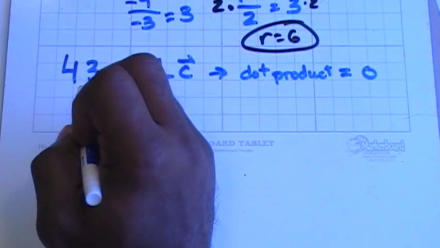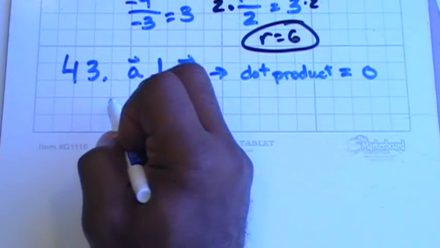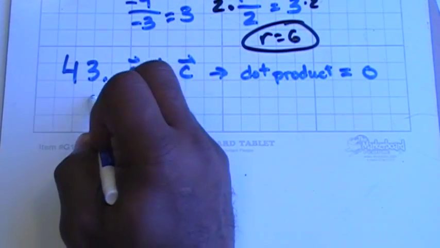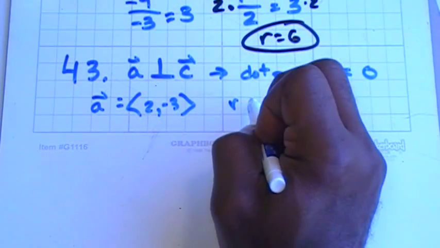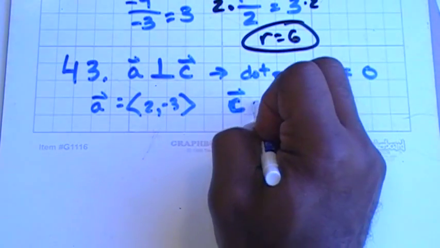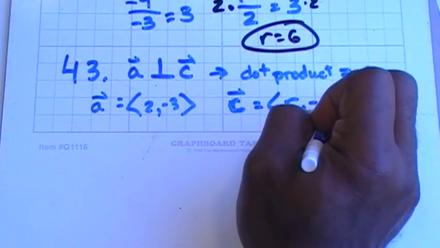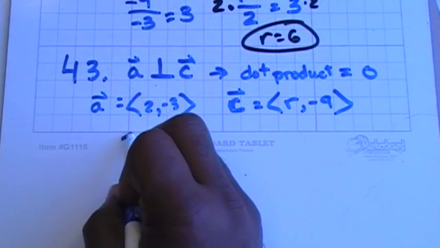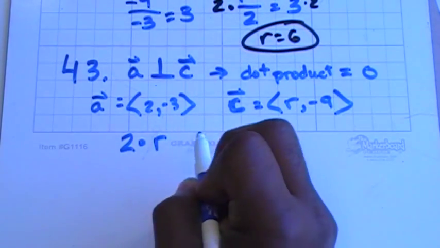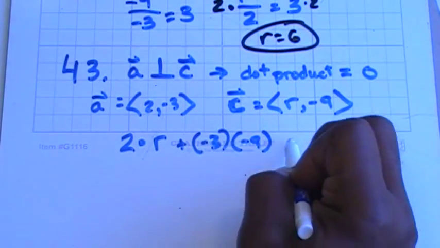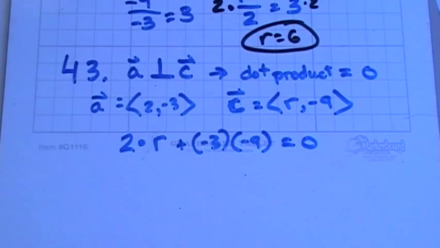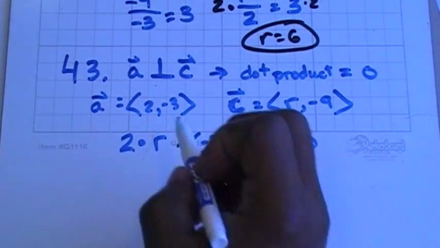If I do the dot product of A and C, let's rewrite A for a second. A is equal to 2, -3, and C is equal to R, -9. So what we're saying is that 2 times R plus -3 times -9 has to be equal to 0 in order for them to be perpendicular.